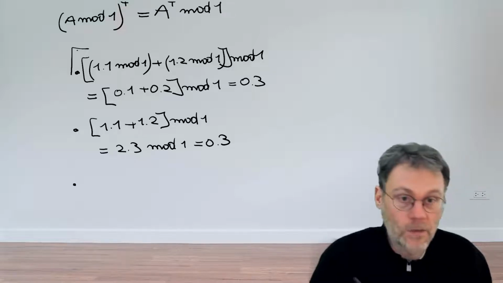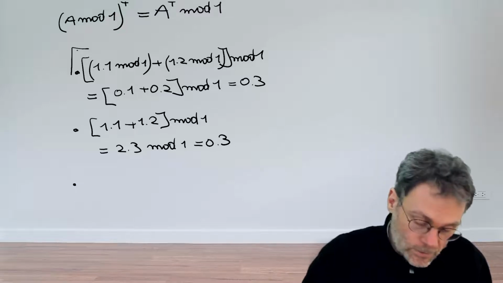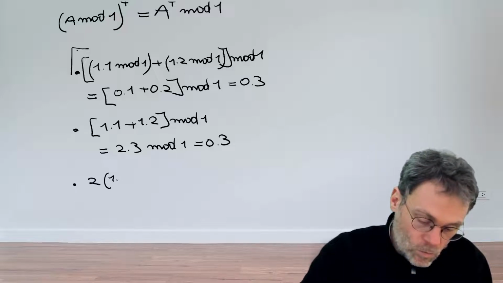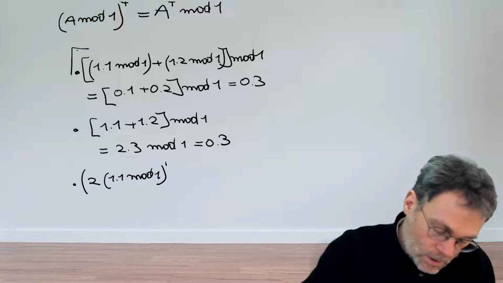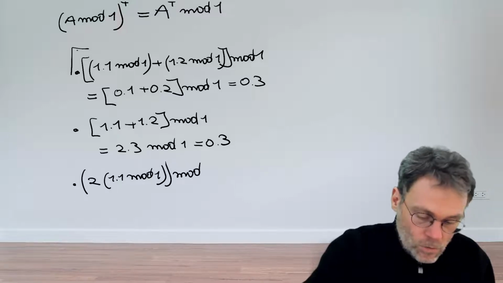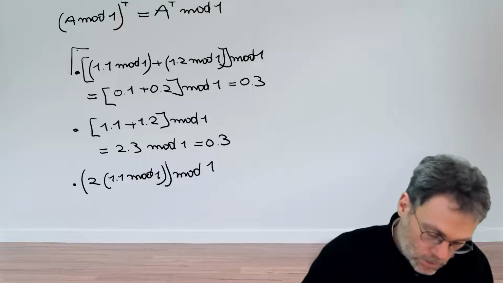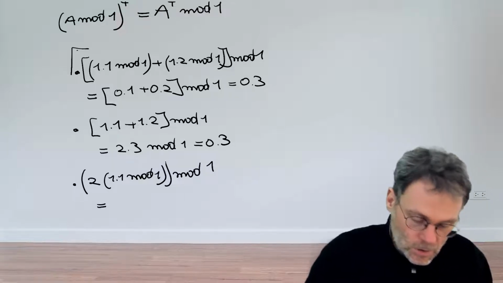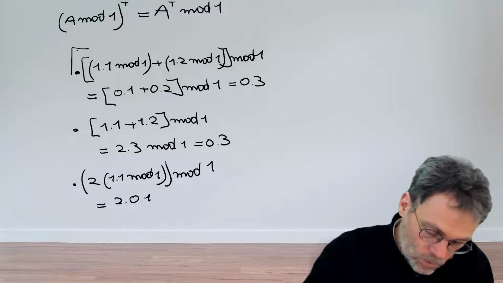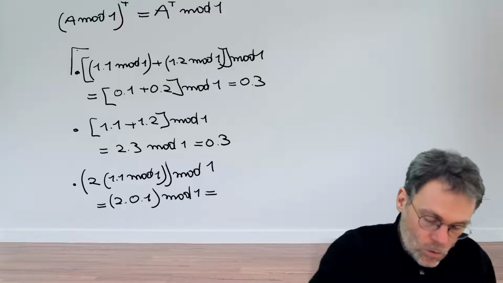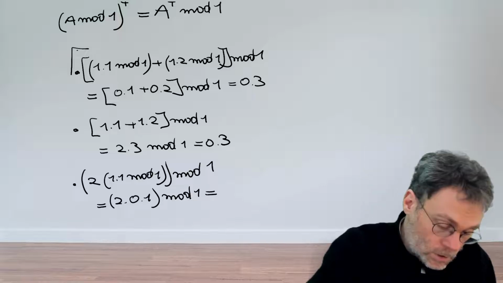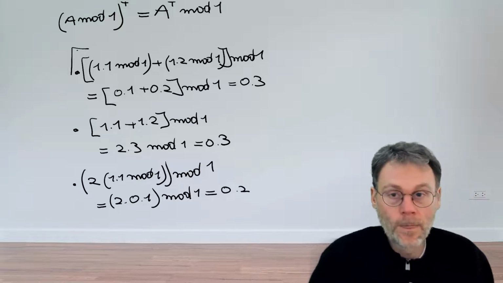Let's again give an example. Let's use, for example, 2 times (1.1 mod 1) mod 1. So this is going to give us 2 times 0.1 mod 1, or 0.2 mod 1, that's 0.2.